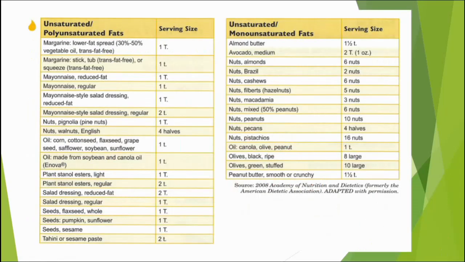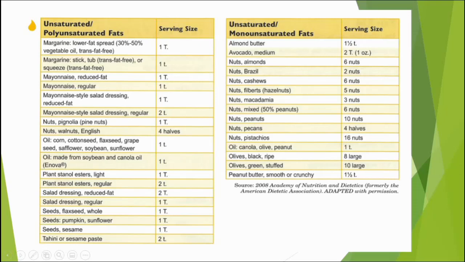So here's the list of unsaturated, polyunsaturated fats, and monounsaturated fats. As you see, the different kind of nuts here have different serving sizes. So don't think all nuts are created equal. Macadamia nuts, you can only have 3, but if you choose almonds, you can have 6. Choose pistachios, and you can have 16.